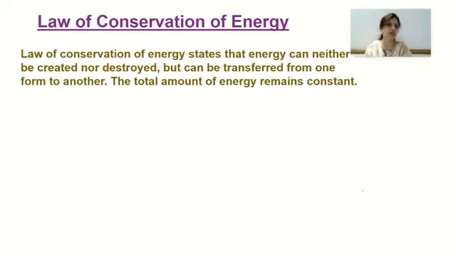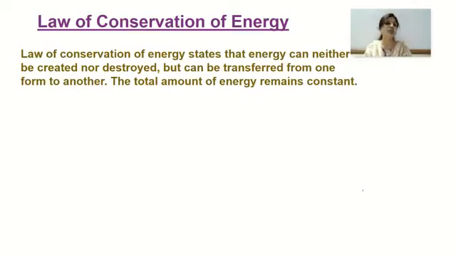This is a very important thing to understand. What is the meaning of the law of conservation of energy? This law states that energy can neither be created nor destroyed, but it can always be converted from one form to another, and the total amount of energy always remains constant.